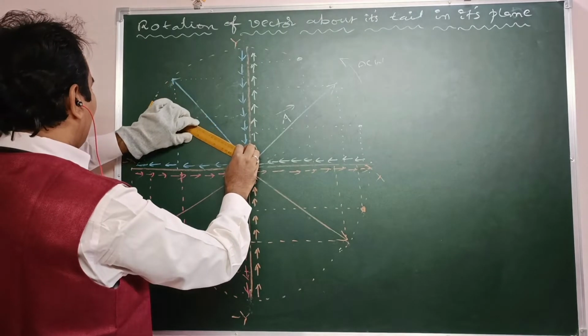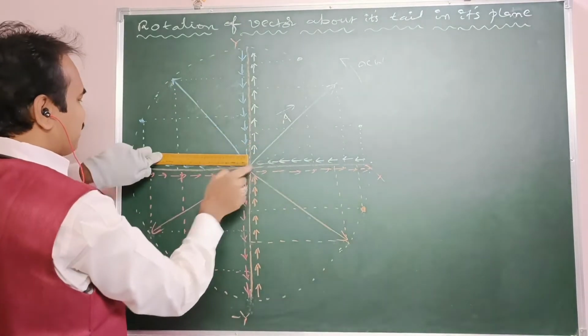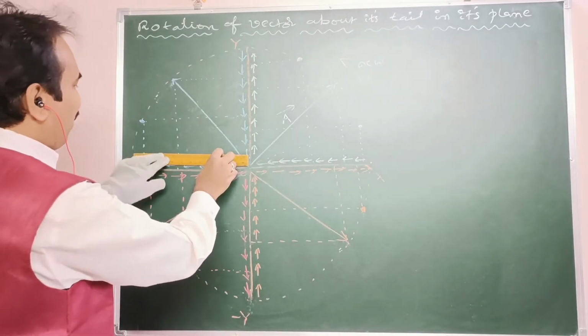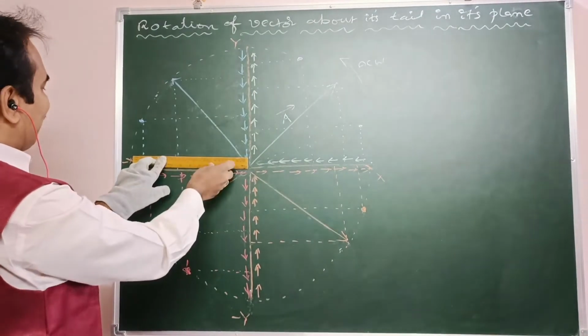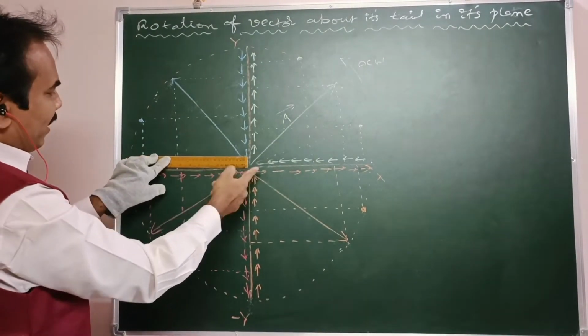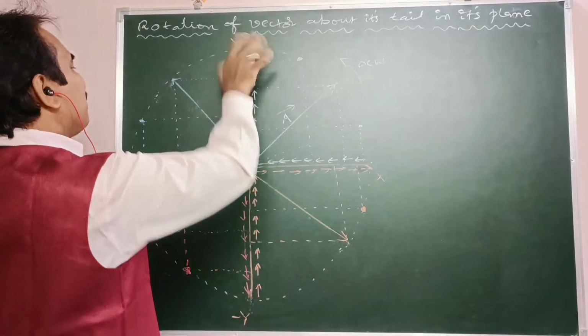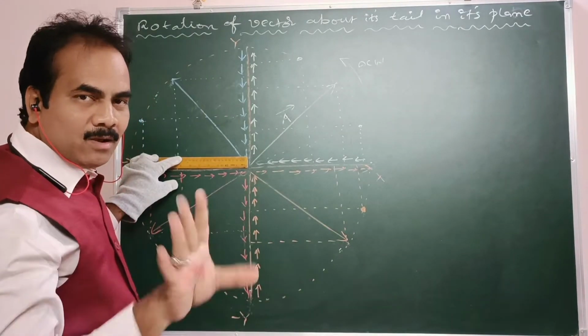Now, what about x coordinate? Means maximum. That is equal to total length of the vector. Now, what about y coordinate? 0. Why? Because now the vector is pointing negative x direction. Vector pointing negative x direction means along positive y direction, it finds no component. Along negative y direction also, it finds no component.